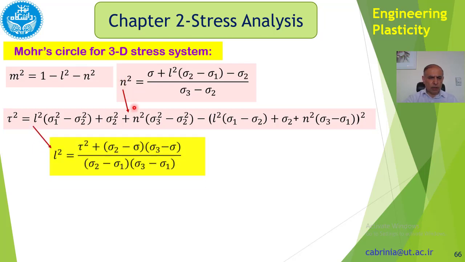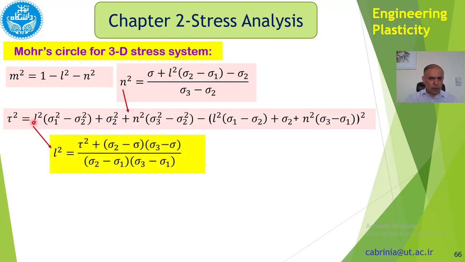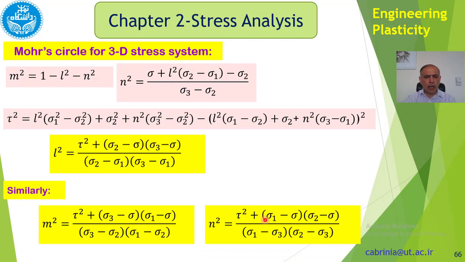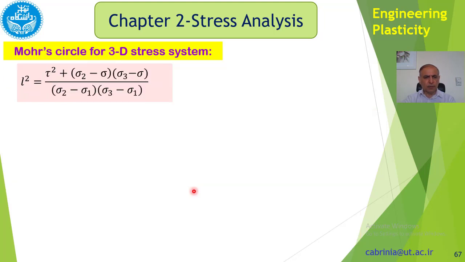Instead of N squared, I put it here, so that I get everything in terms of L squared here and there. If I substitute for N squared, I will get L squared in terms of sigma, tau and sigma 1, sigma 2, sigma 3. Therefore, L squared is known. Similarly, I could obtain M squared and N squared. Okay, so I get L, M, N in terms of principal stresses.